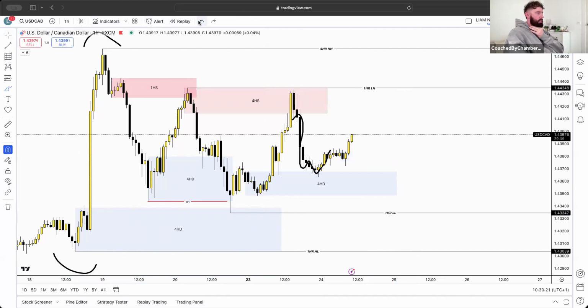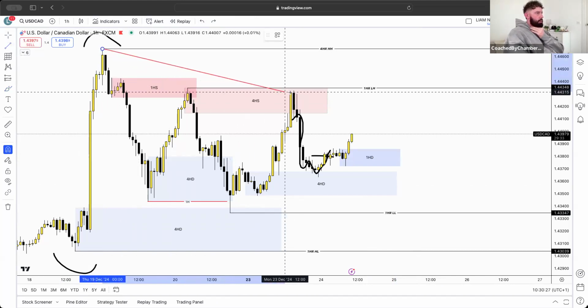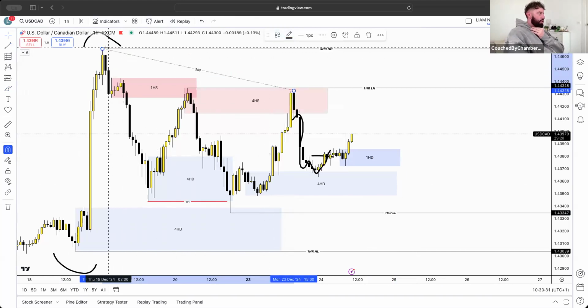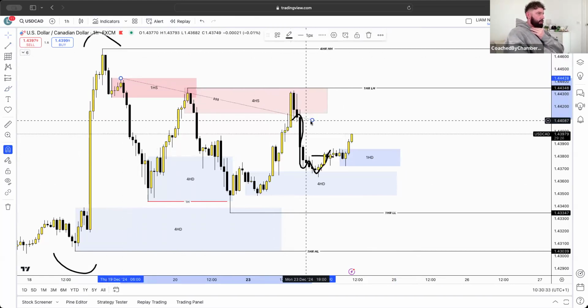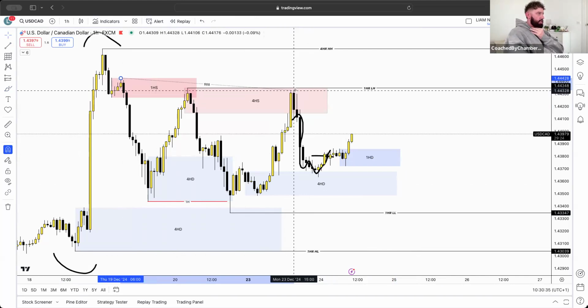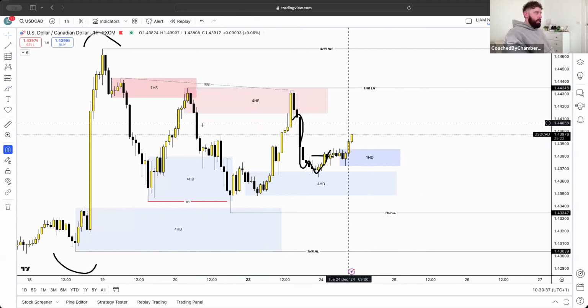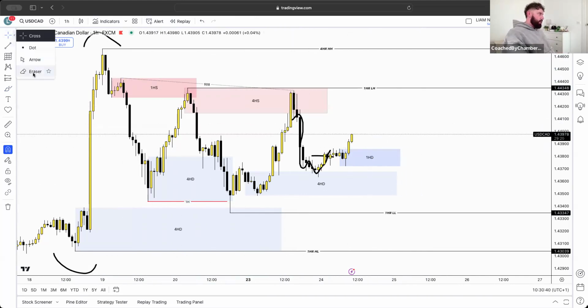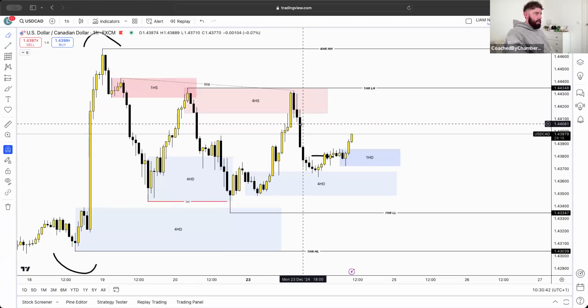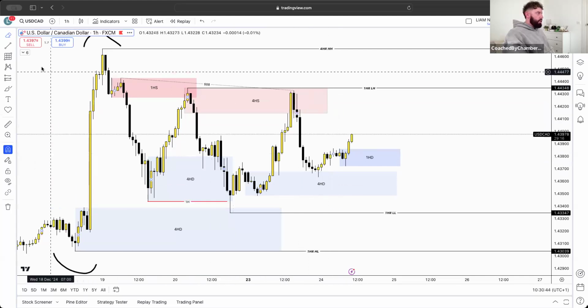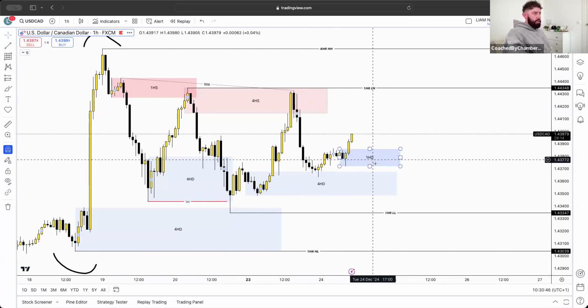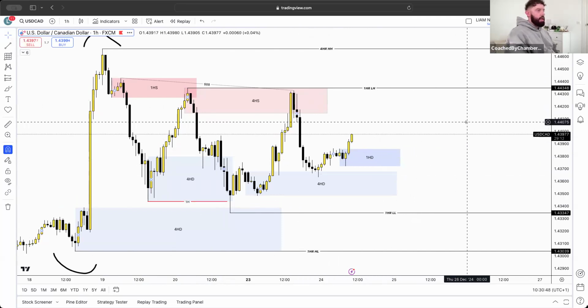Let's have a look here. Yeah, you can just see we've got trendline liquidity. Even if you just put it here, you'll be able to notice that it's a lot clearer from this standpoint. So yeah, that is what I've got for the USD CAD. One break, two break, let's go for it. This is my demand area that I would like to see met.